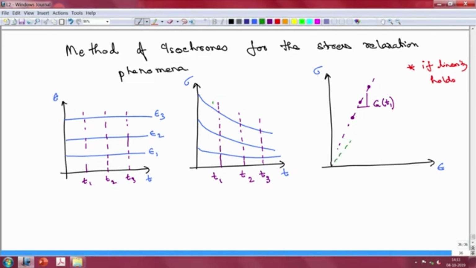Similarly, if you have another time and you plot, you will get G of t2, and at some other time you will get another straight line, this is G of t3, and the time axis is this way.